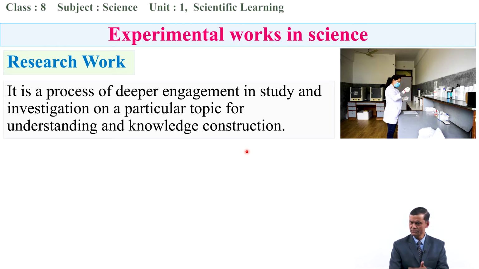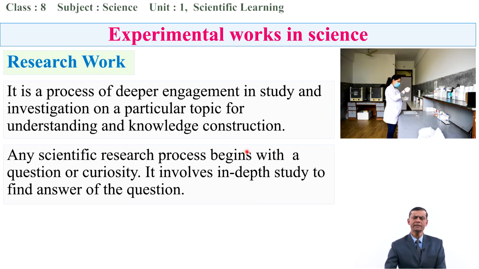By research, new ideas, new knowledge can be constructed. Any scientific research process begins with a question or curiosity. Question or curiosity can be the first stage of scientific research work. It involves in-depth study to find the answer to the question.